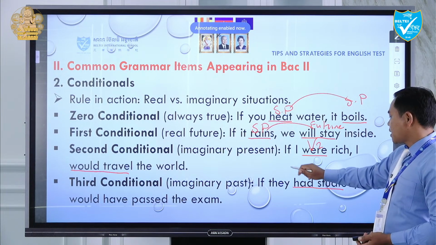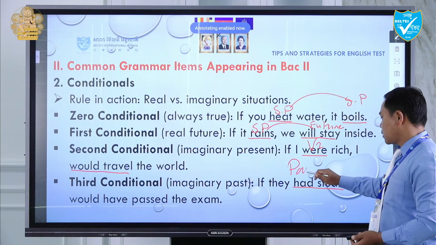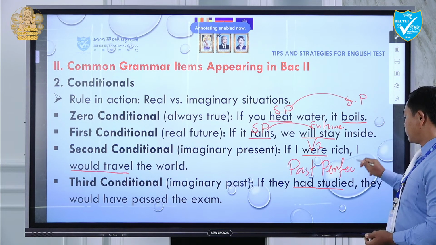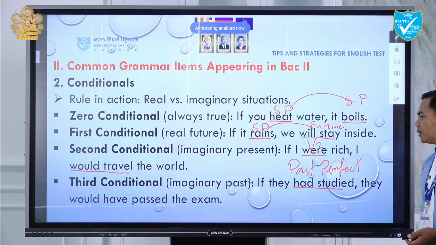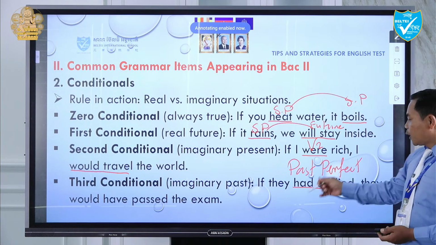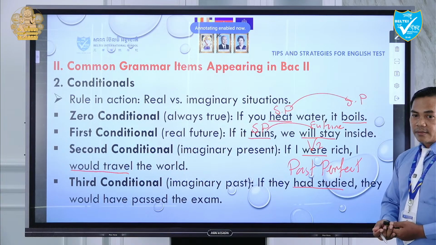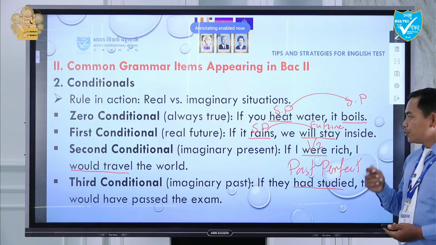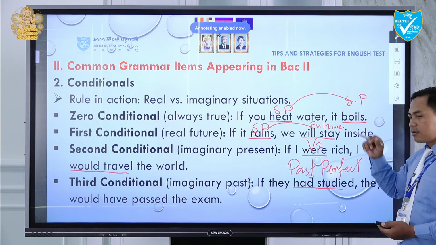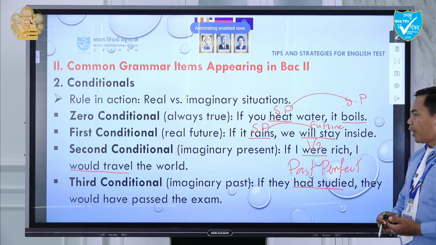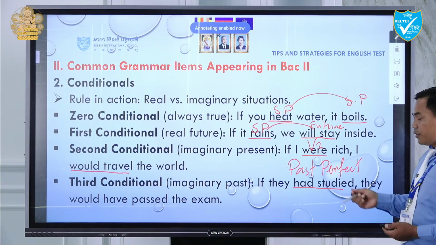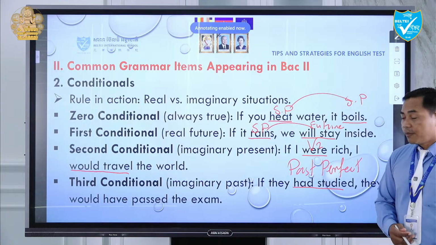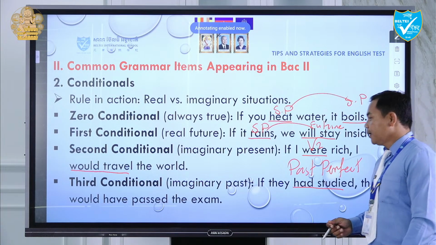Here, past perfect. If you see an if clause with past perfect, what do you decide? Do you use present here? No. Will? No. About would? Yeah, you may think about would, but after would.